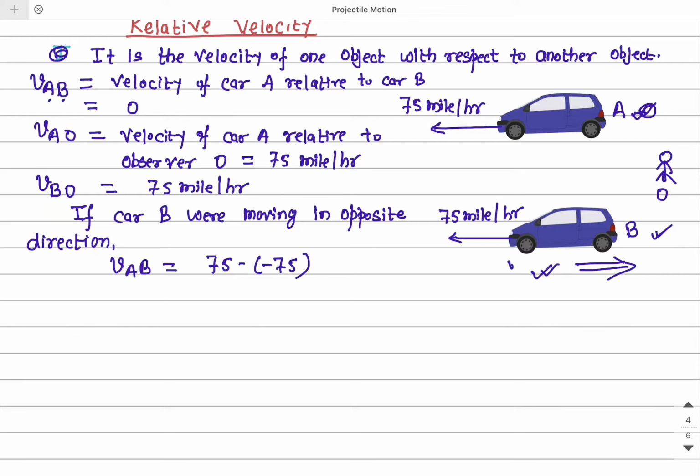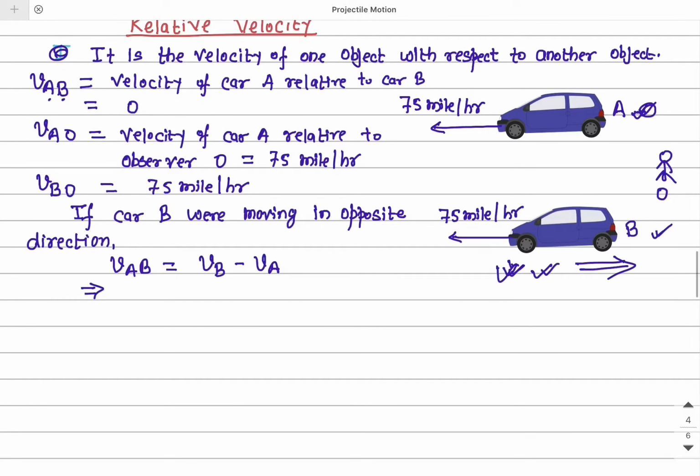This 75 is the 75 miles per hour of this object, or you can write the velocity of A minus the velocity of B. The most appropriate way of writing this is the velocity of car A with respect to observer O minus the velocity of car B with respect to observer O.